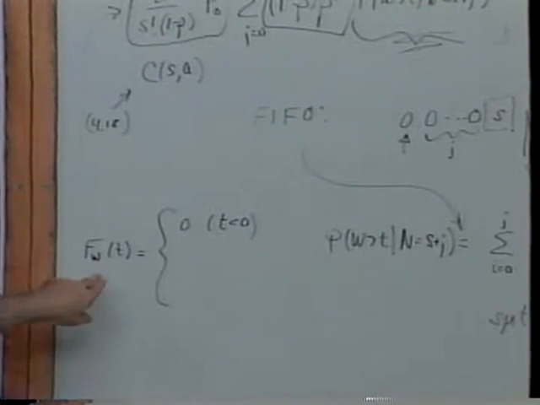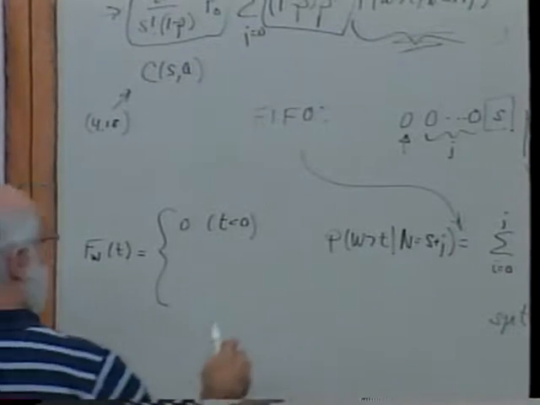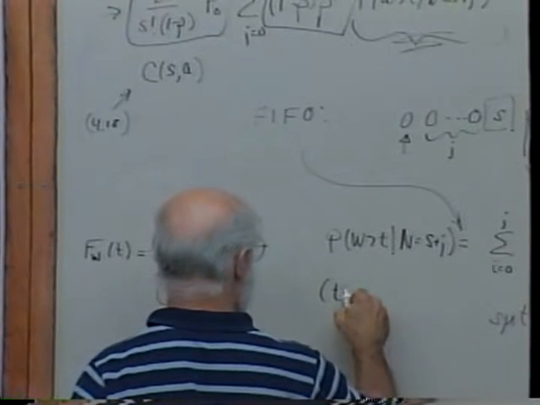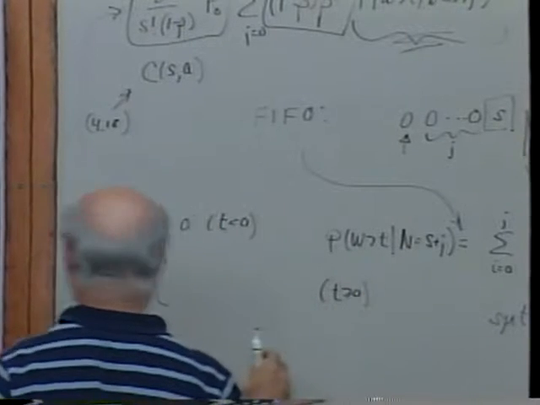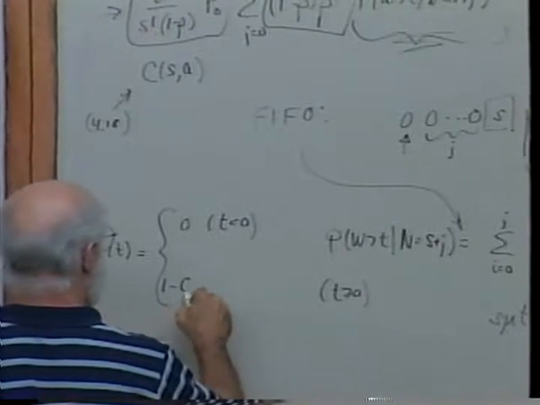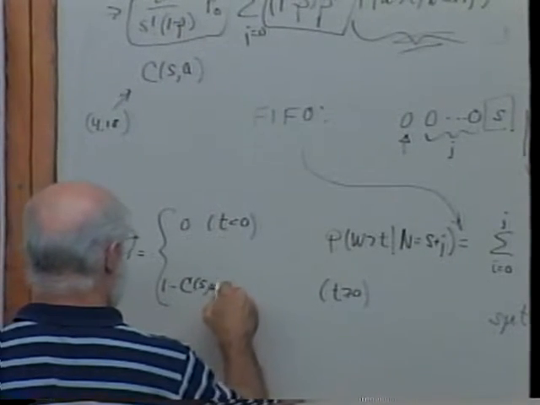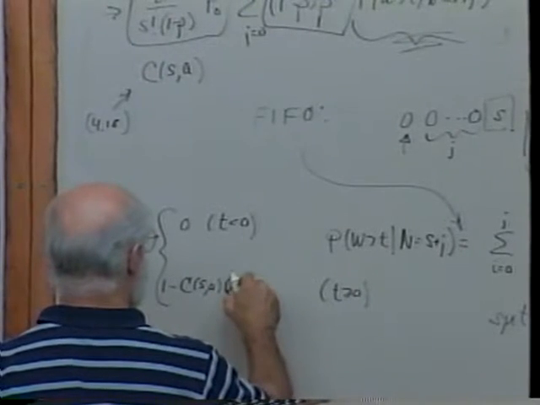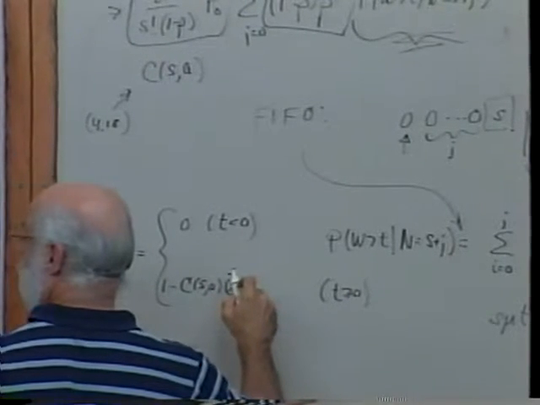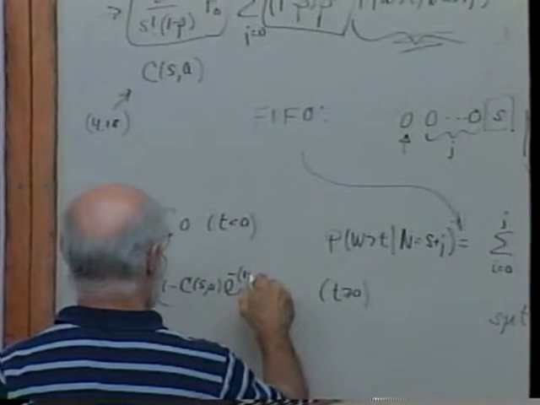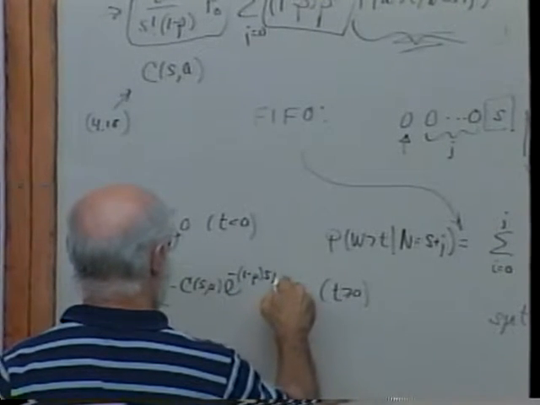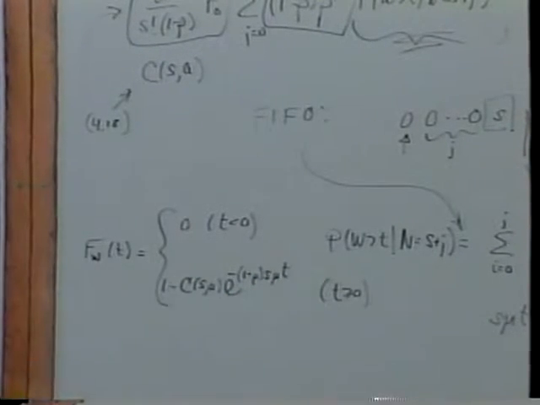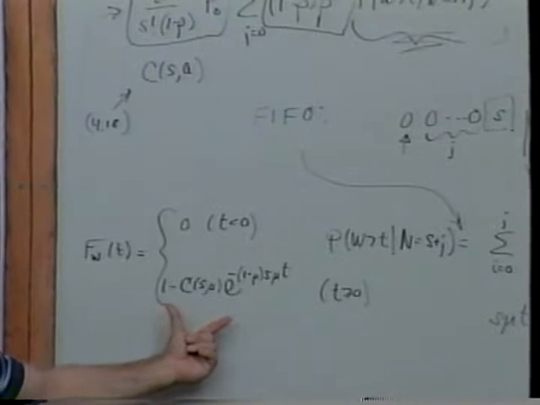Remember that this is 1 minus the probability of waiting greater than t. For t greater than or equal to 0, it's given by 1 minus the Erlang C times e to the minus (1 minus rho) s mu t. So that's the distribution function.